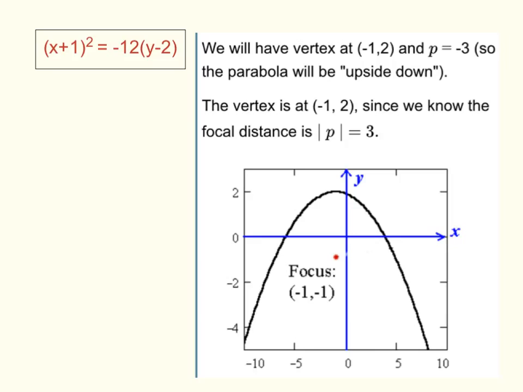So we know the vertex is at negative 1, 2, so there's the vertex, and we go up 3, or down 3 in this case, to find our focus, and I would go up 3 to find our directrix.